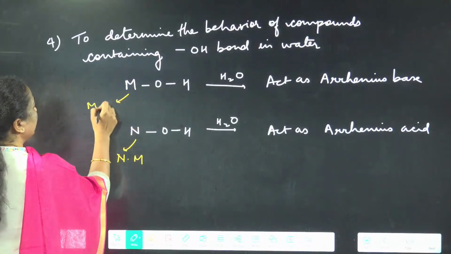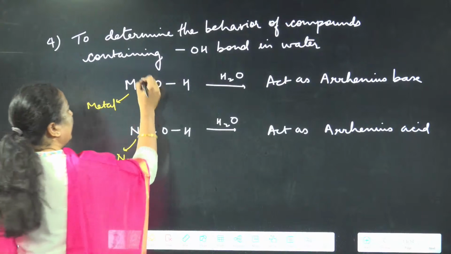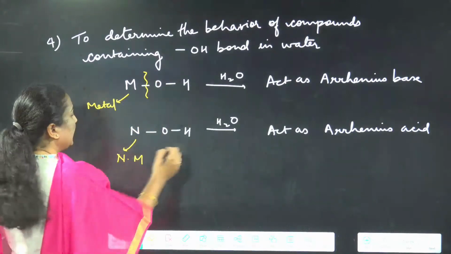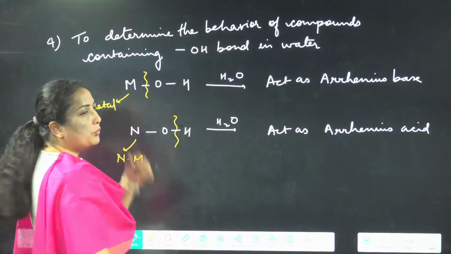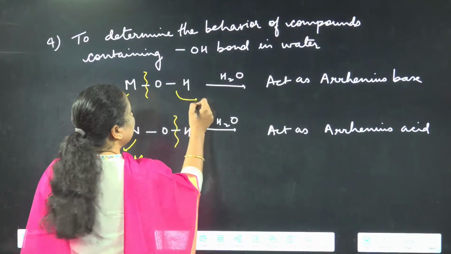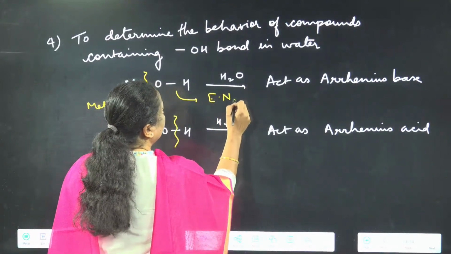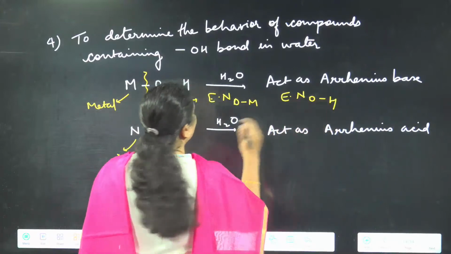Now what I'm saying is that this bond is breaking, and here this bond is breaking. Which particular bond will break depends upon the electronegativity difference. So can I say, comparing the electronegativity difference between oxygen and M with that between O and H, which is more?